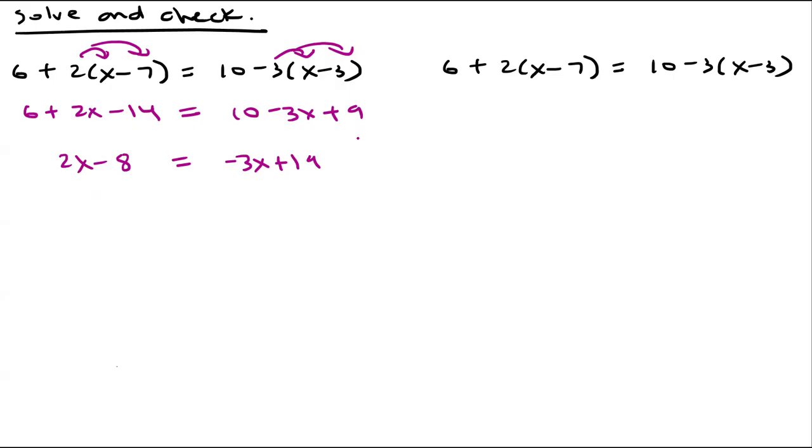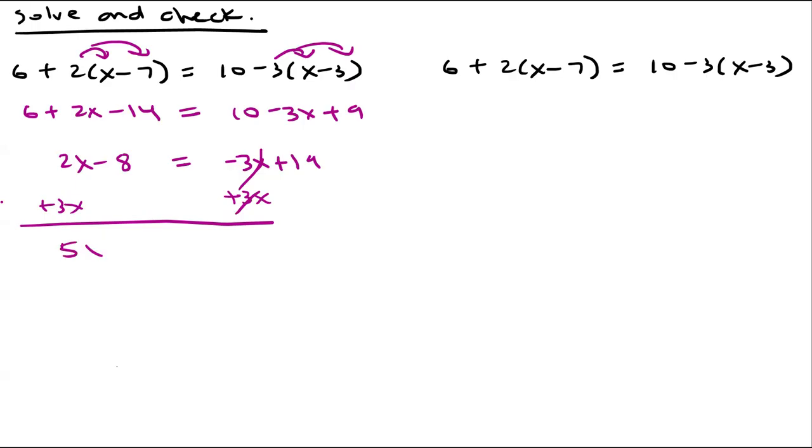Now, I can also do that, but I have another negative here, which is fine. But I would recommend subtracting the one that's lower. So in this case, negative 3x is lower than 2x, so I'm actually going to do the opposite of this. So I'm going to add the 3x. Okay. So that cancels.